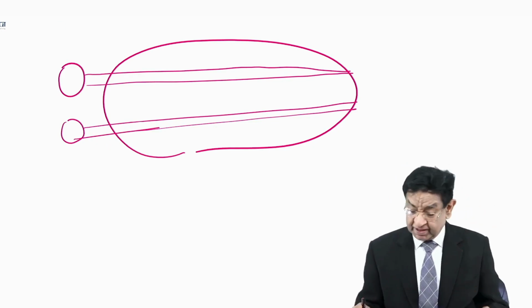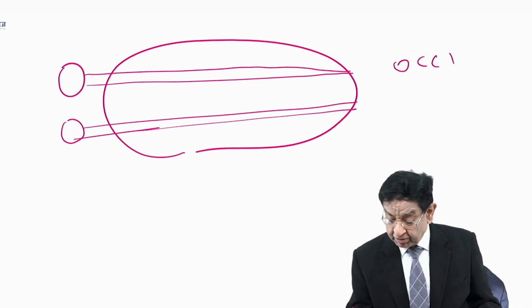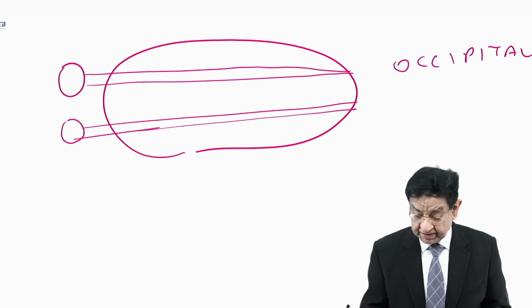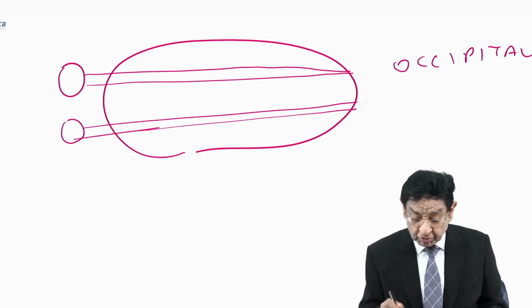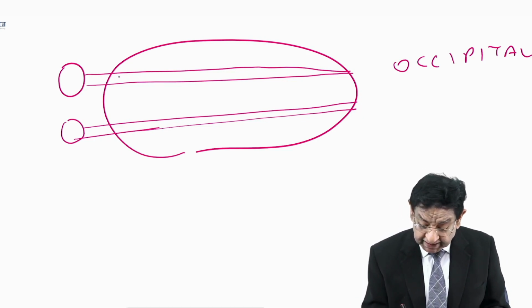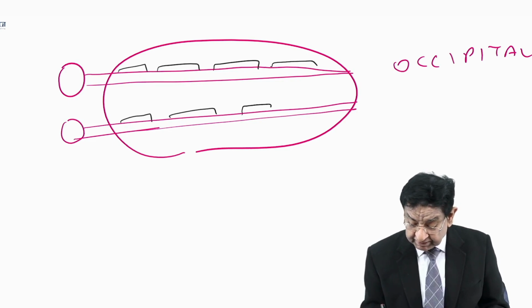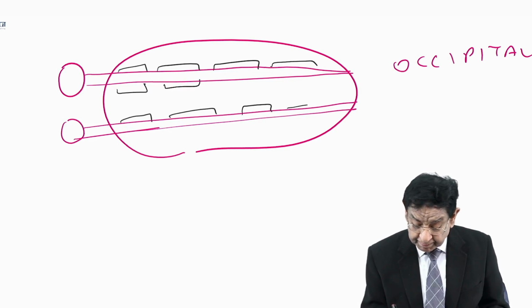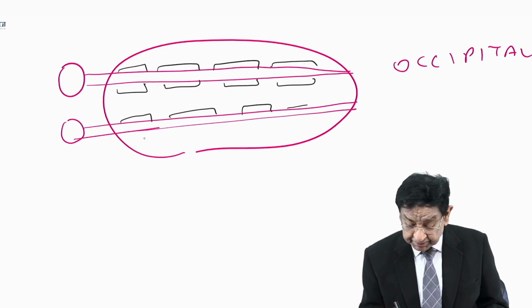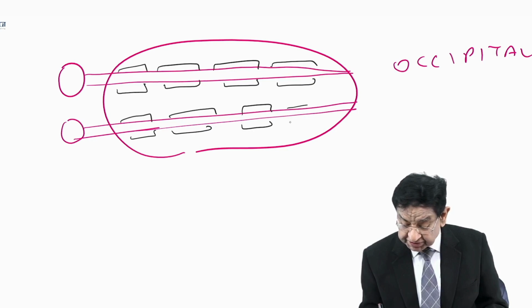We know very well the occipital lobe is where the area of vision is. And we also know that in this optic nerve, the myelin sheath is there. This is the normal myelin sheath.